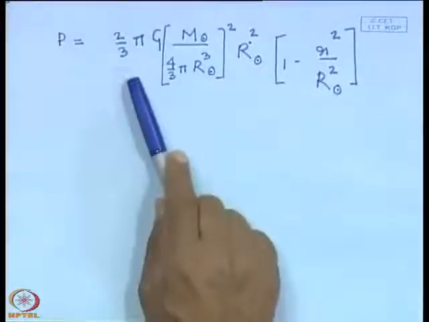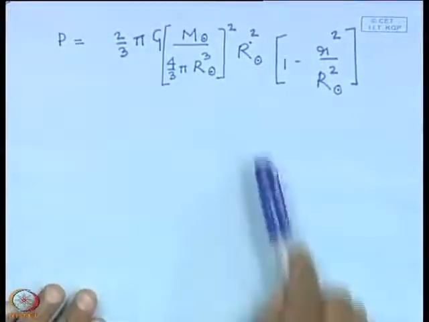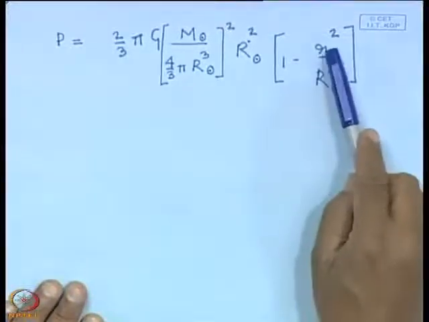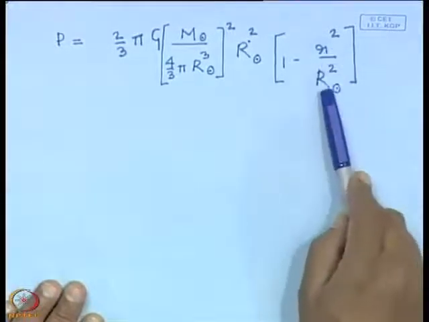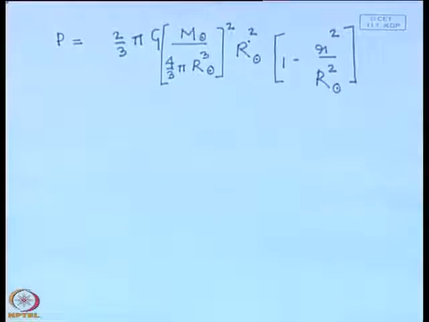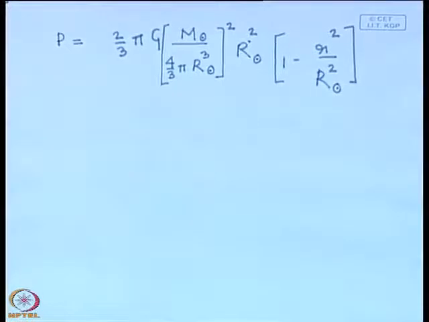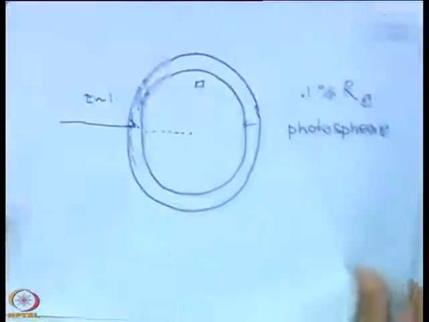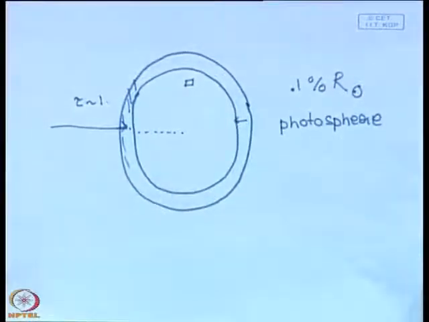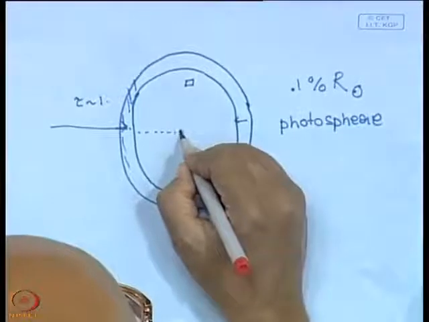So we have written it like this, and it is now very clear that when the radius r goes to the radius of the sun, the pressure vanishes. Now we will use this to calculate the pressure at the center of the sun. We want to calculate quantities inside the sun. So let us use this to estimate what the pressure at the center is.